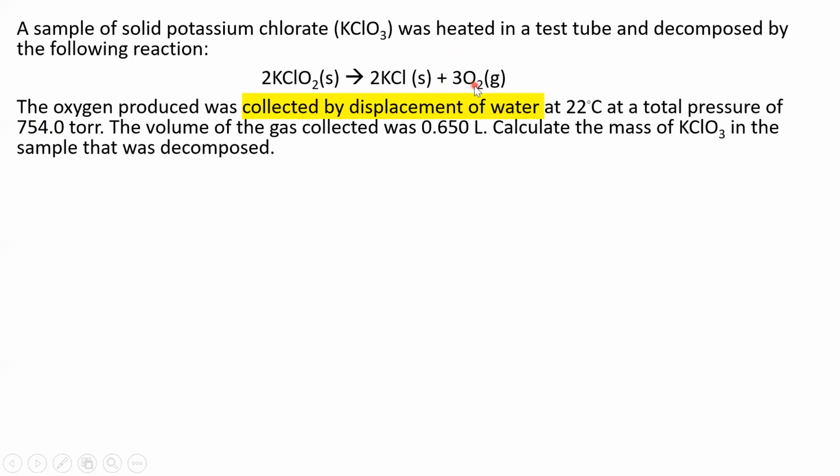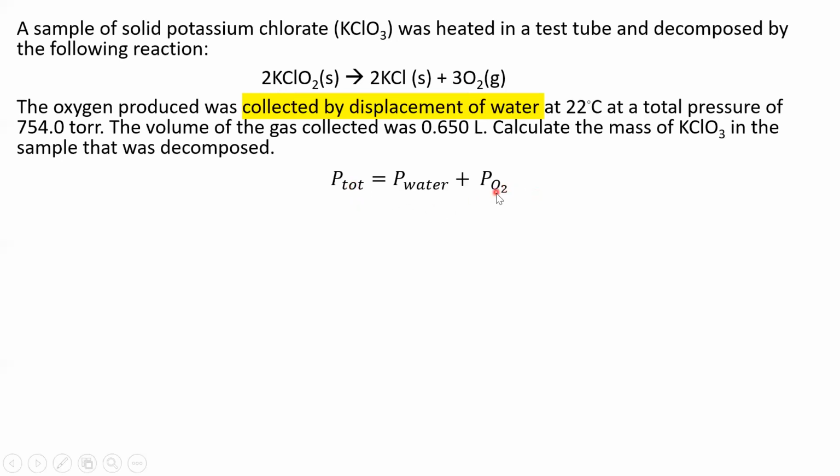The next thing, we'll know the pressure of the oxygen gas and the volume and the temperature that the oxygen gas was collected at. So we're going to be able to figure out the moles of oxygen gas that was collected. And then once we figure out the moles of oxygen gas that were collected, we could do a stoichiometry problem to go from moles of oxygen to moles of potassium chlorate. So that's our thought process. Let's look at the problem.